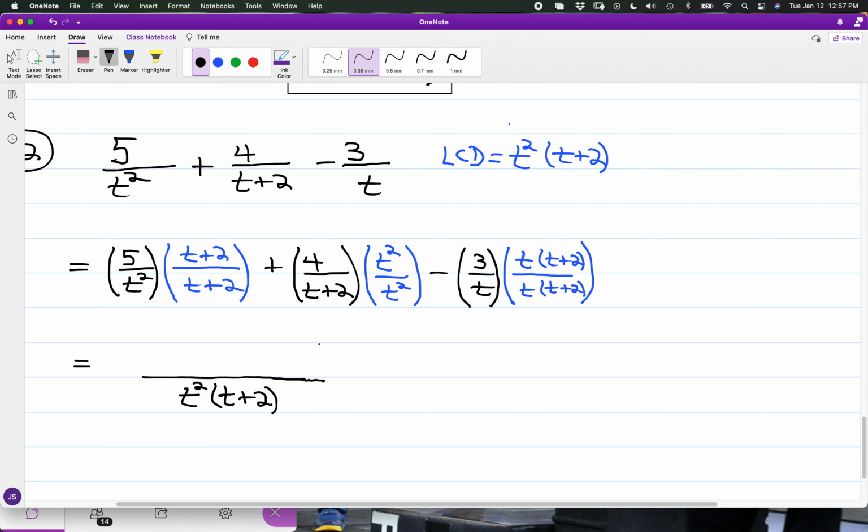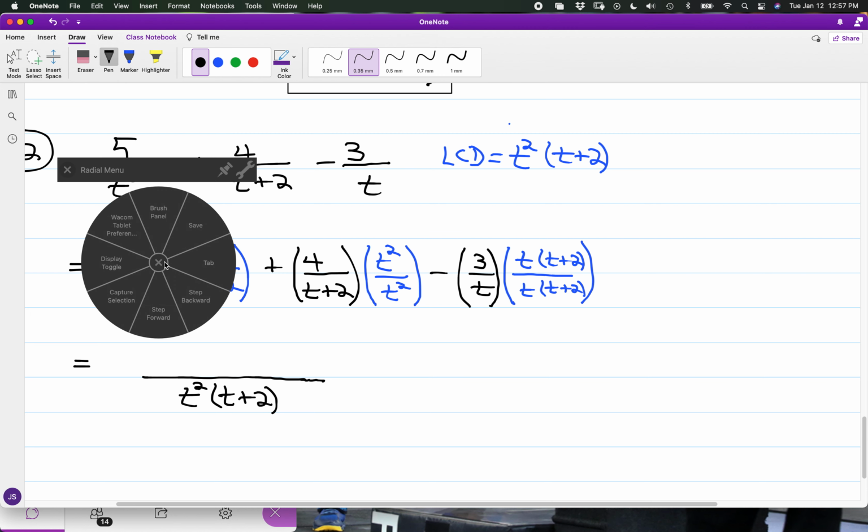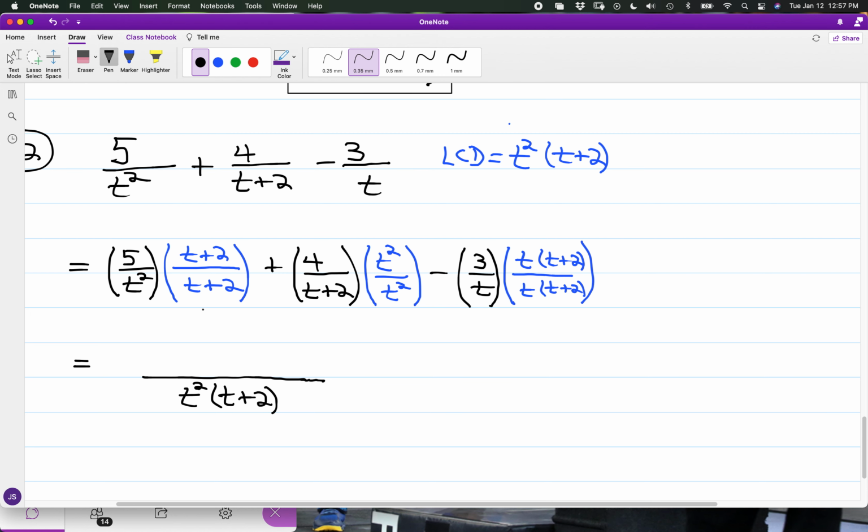All right, and looking at the distributions among the numerator terms, you have 5 times the quantity of t plus 2, so this would be 5t plus 10. And then we have 4 over t squared, so it would be a plus 4t squared. And for the last step, I'm just going to take this a little bit further. So you have minus 3 times t, times the quantity of t plus 2.